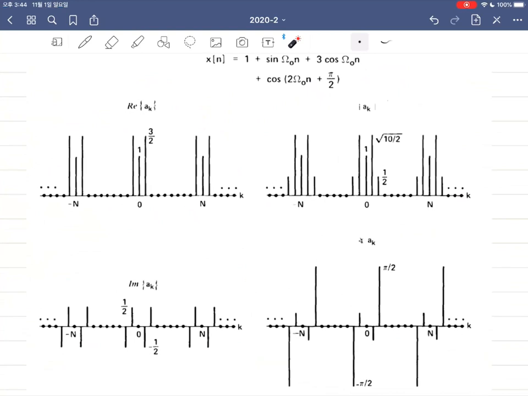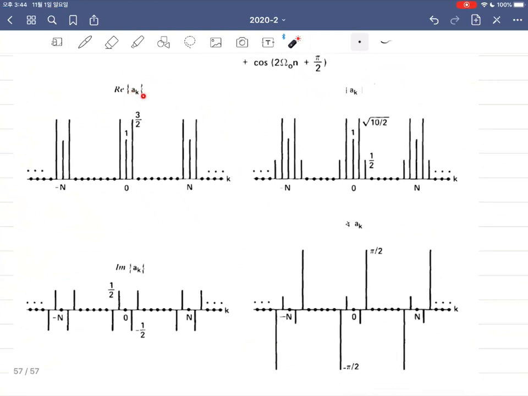You can see from the real value of a_k, the imaginary value of a_k, and even in the polar form, the phase or the magnitude, that it's periodic. So you can see that the coefficient a_k repeats itself. The main point I would like to express for this example is that this coefficient a_k is periodic.